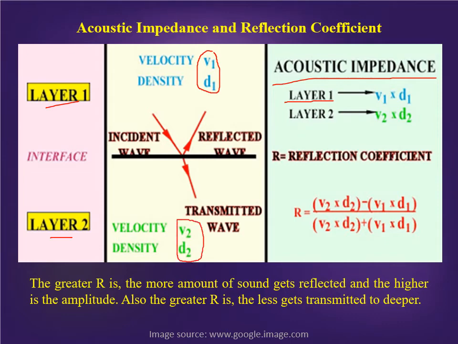Now, how much wave energy is reflected back to the surface? That is the primary concern for a geologist or a geophysicist, because these reflected waves are the only waves collected in the surface geophones, surface receptors, and from that we can interpret the subsurface layerings.